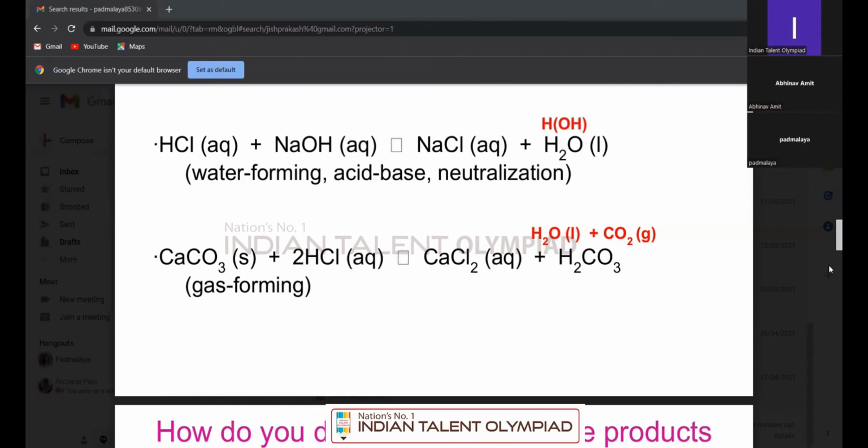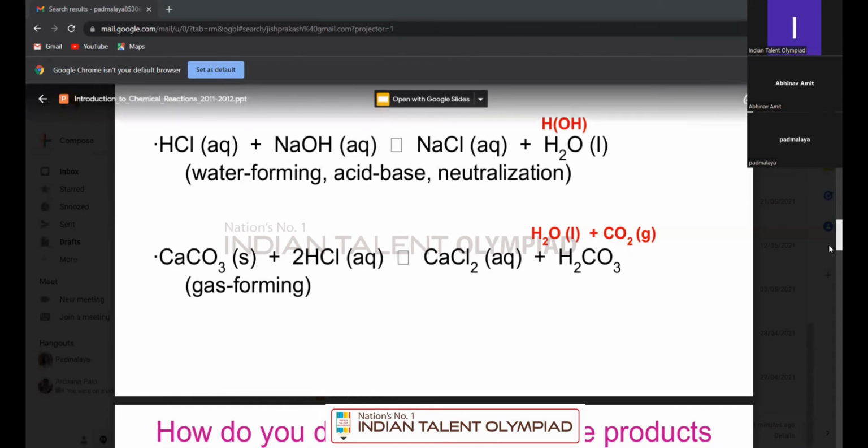Ma'am, it is also a condition for the displacement reaction that both the compounds should be in their aqueous form. But here, ma'am, calcium carbonate is solid. What actually happens is it is not necessary that both compounds should be in aqueous medium for a double displacement reaction to take place.